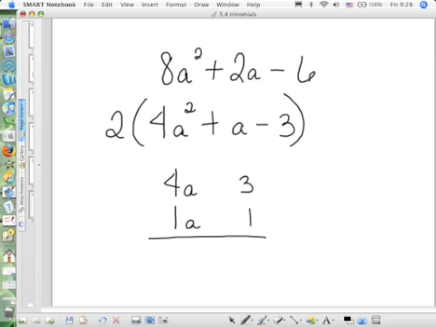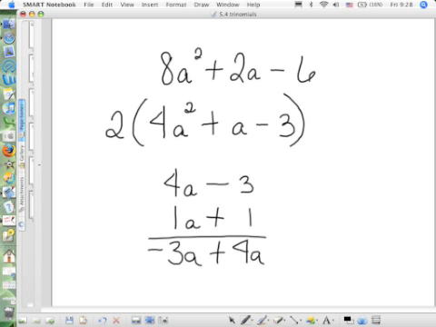Factors of 3 are 3 and 1. When I cross multiply, I've got 4a, 3a. I want these to subtract to give me positive 1. So that's what it's got to look like, right? First term's negative, first group's negative. Second term's positive, second row is positive.